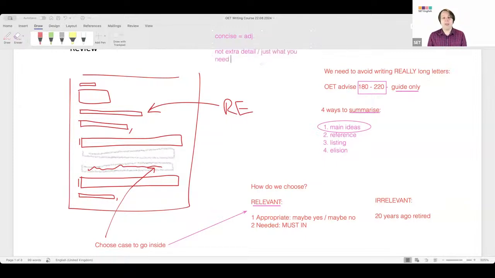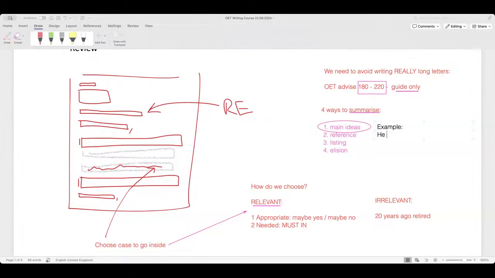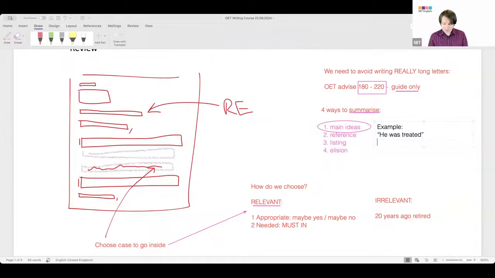Okay, so main idea. Can anyone give me an example of a main idea summary that you might use? Does anyone remember the example I gave? She was treated accordingly. Yeah, okay, she was treated. That's a summary, isn't it? Vital signs are normal, right? There you go.